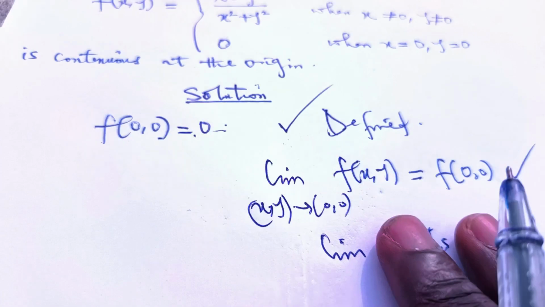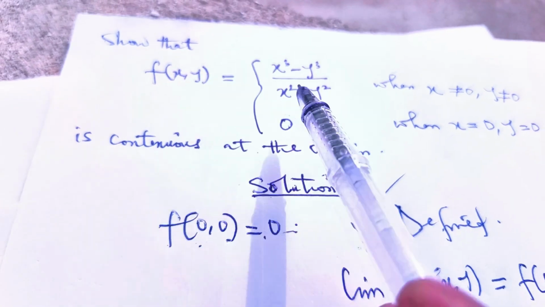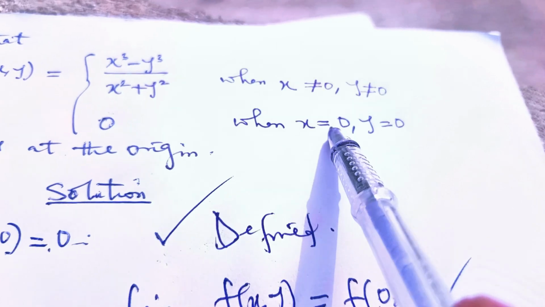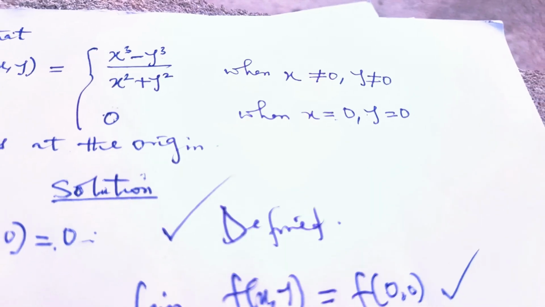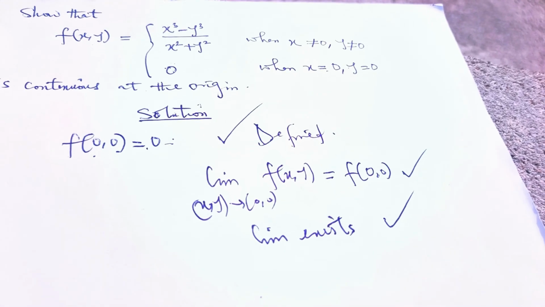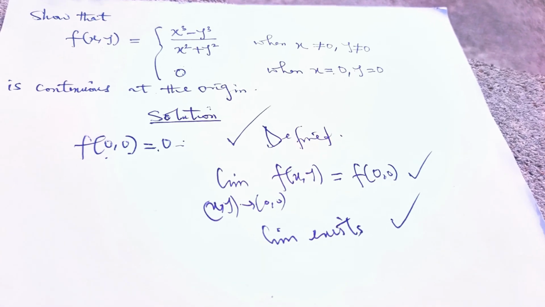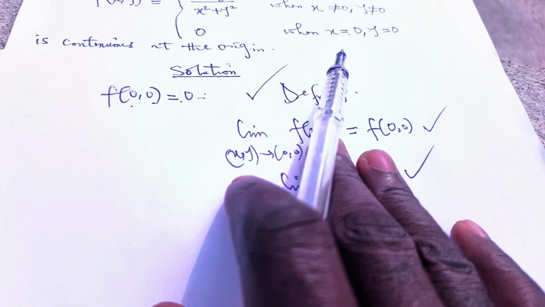So let's start now. The first one is obeyed at point (0, 0). It exists. So now let's continue. Let's see whether it is really continuous at the origin.